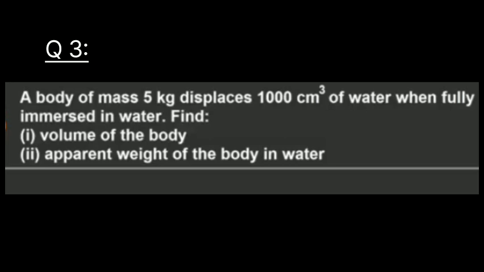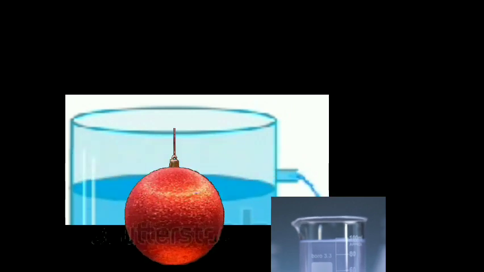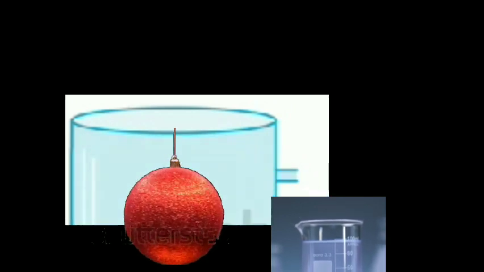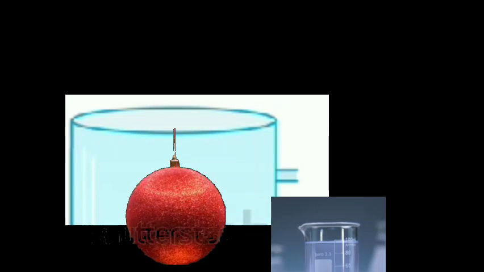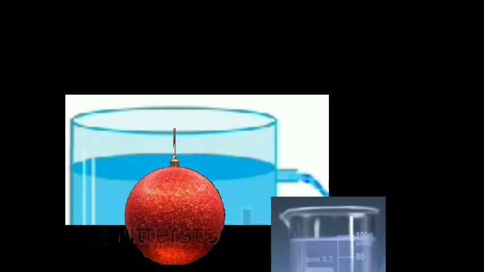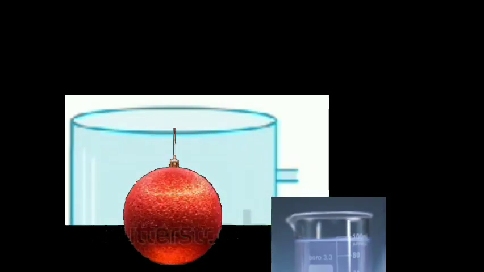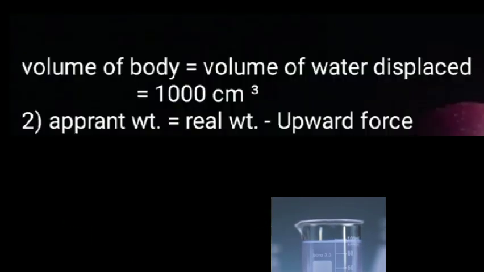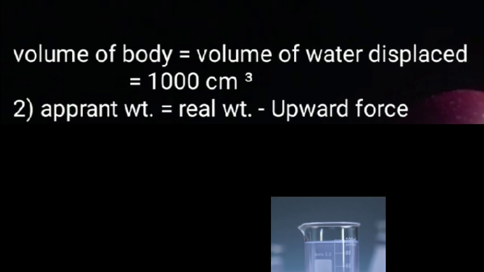Let us see. We have the beaker full of water, and there is another smaller beaker to collect the displaced water. Since the body is completely immersed in water, volume of the body is equal to volume of the water displaced. So it is going to be 1000 cubic centimeter.